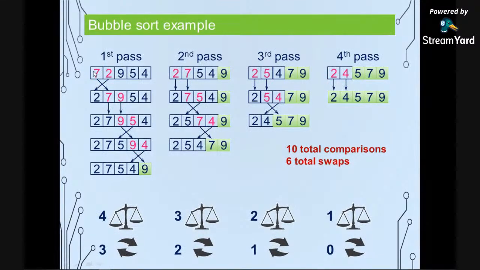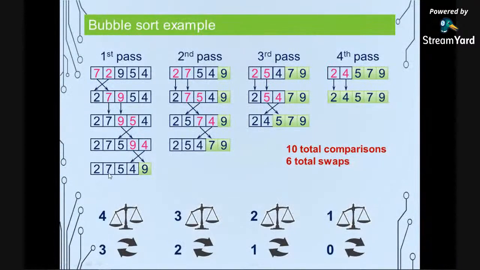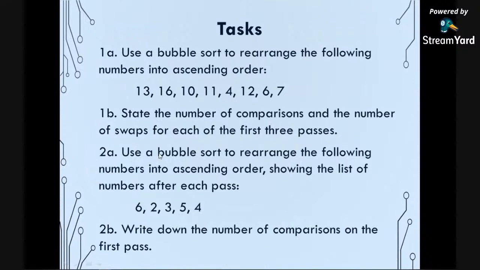All I need to see is the values at the end rather than each individual swap. You might want to explain how that works. You might want to write it all down to show how it works, but you don't need to show every step.